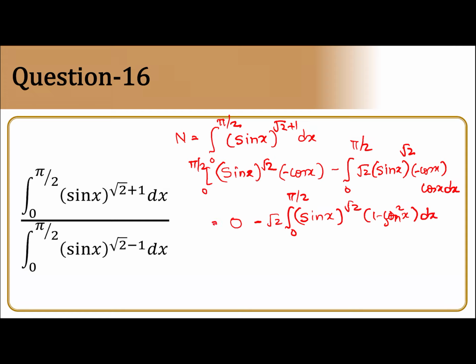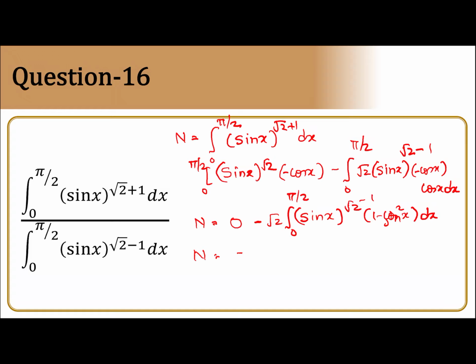What we observe is this is the numerator function. The numerator, if you take this, is sin x to the power root 2 minus 1. So minus (sin x) to the root 2 minus 1 is given to you, into 1 minus sin square x. So what we get is (sin x) to the root 2 minus 1 into sin square x will give you root 2 plus 1, which is again a numerator function.